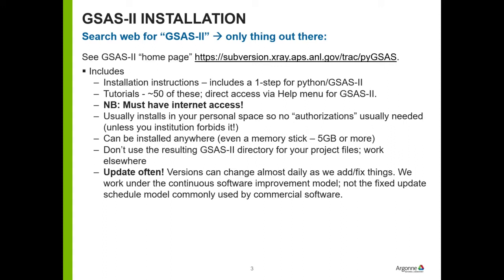We update as soon as we find something wrong or we want to add something to GSAS-II, we do it and upload the thing immediately, and you should download it basically as soon as you can. The current version is somewhere around 5,200, something like that. That tells you how often we update it. Okay.